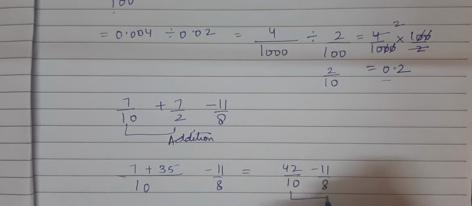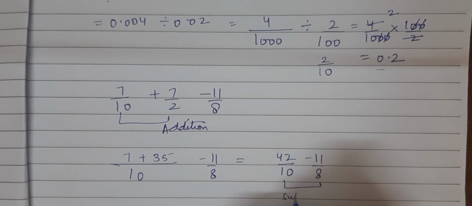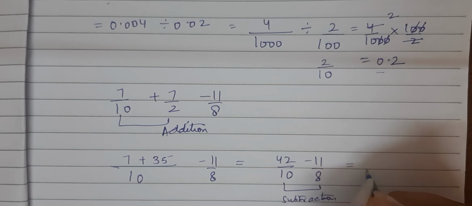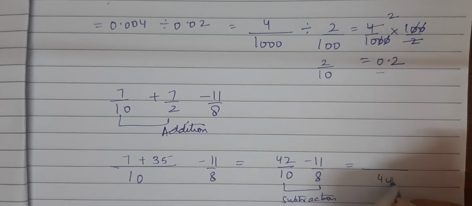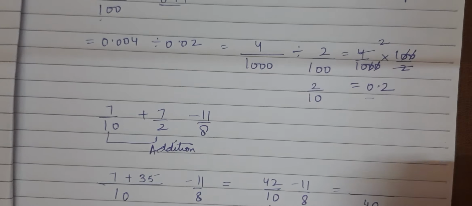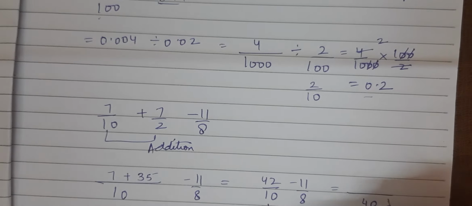Now the last one, subtraction. The LCM of 10 and 8 will be 40: 10 is 2 into 5 and 8 is 2 into 4, so the answer is 40.